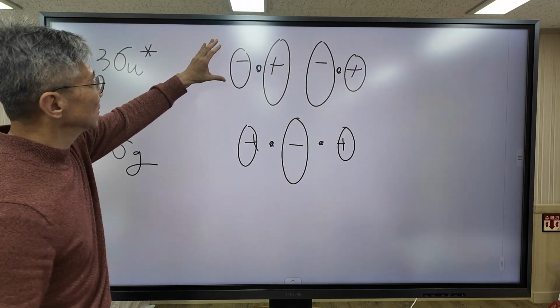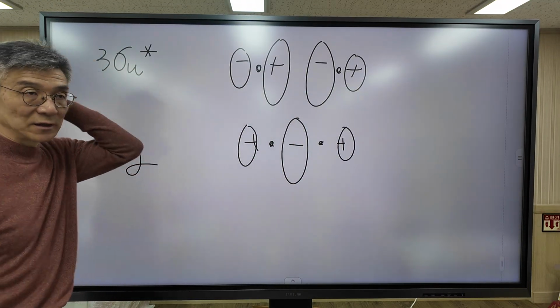So this is the 3 sigma u star orbital. This is the 3 sigma g orbital.